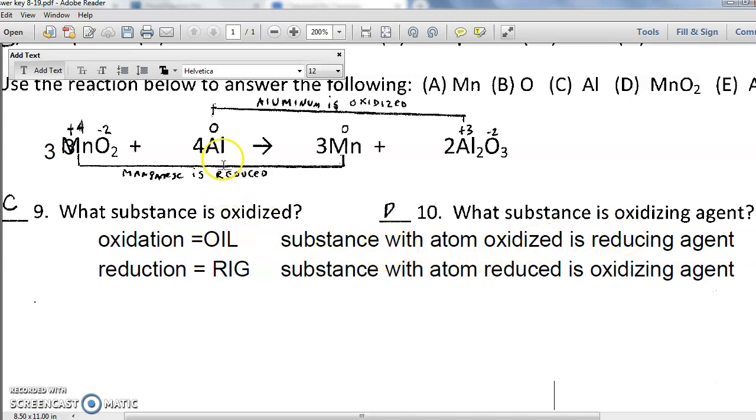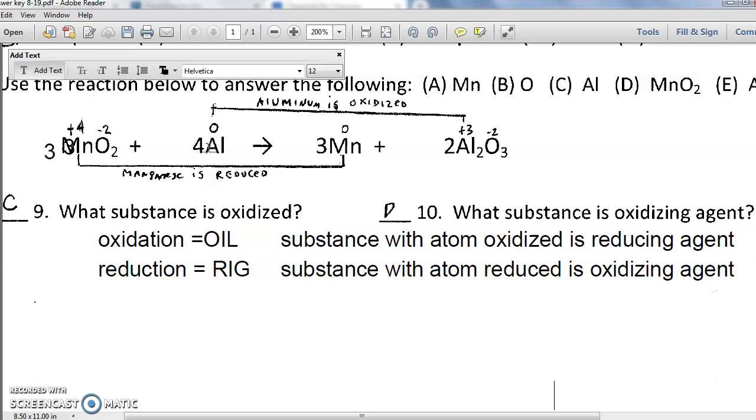So who's the reducing agent here? Aluminum was oxidized. It's the reducing agent. Why do they call it the reducing agent? Because the aluminum reduced something. How did it reduce it? It got rid of its electrons. Aluminum wants to get rid of 3 electrons. 4 aluminums getting rid of 3 electrons is 12 electrons dumped on something.